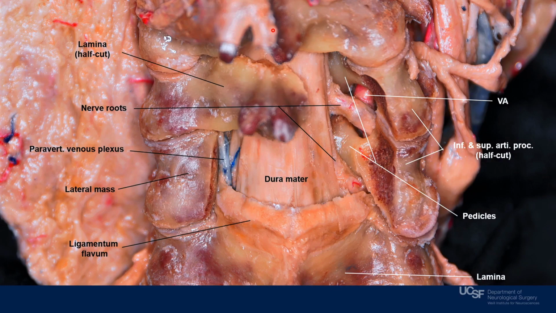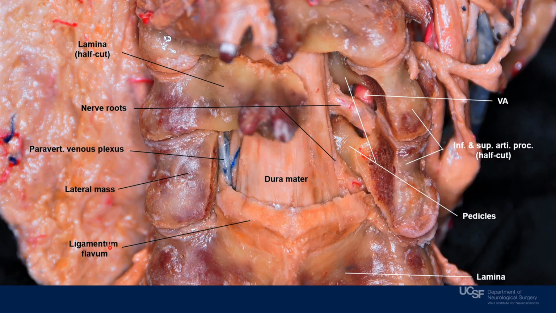This is the bifid process of C2, and we can visualize the relationship of the dural sleeve covering the nerve roots, the pedicle and inferior and superior notches of, in this case, C4 and C3, and how anterior to the nerve root we can find the second segment of the vertebral artery.